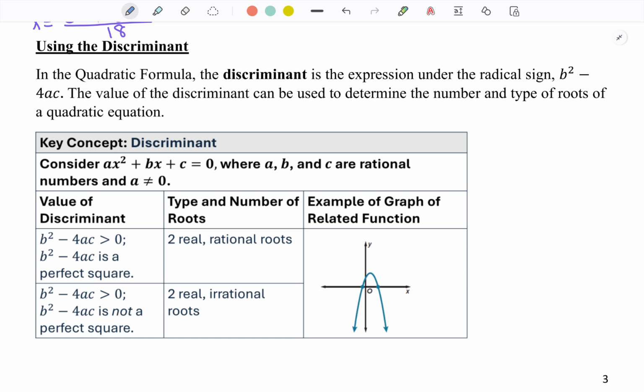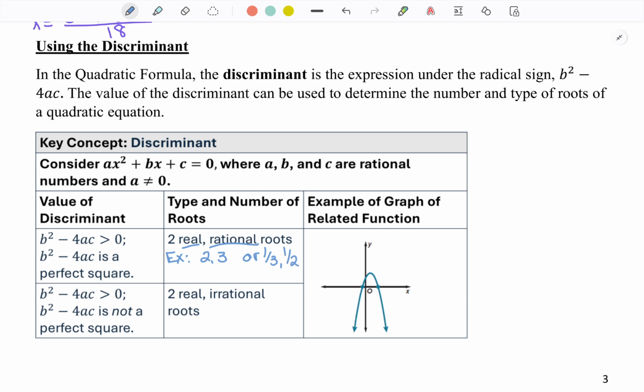So if your discriminant is greater than 0 and it is a perfect square, then you will have 2 real and rational roots. So that means that they will look like 2 and 3, or it'll be like 1/3 and 1/2.